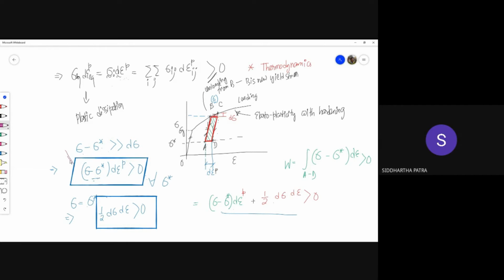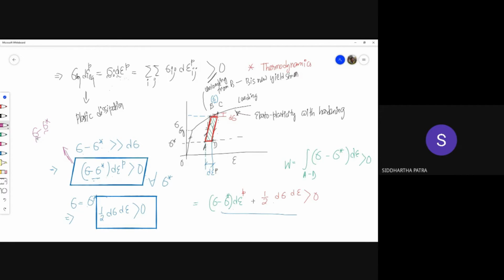Now let's look at this expression. You can interpret this to be sigma minus sigma star. This time I'm not taking the equivalent values. So this was an exercise involving equivalent quantities, so these were kind of uniaxial.